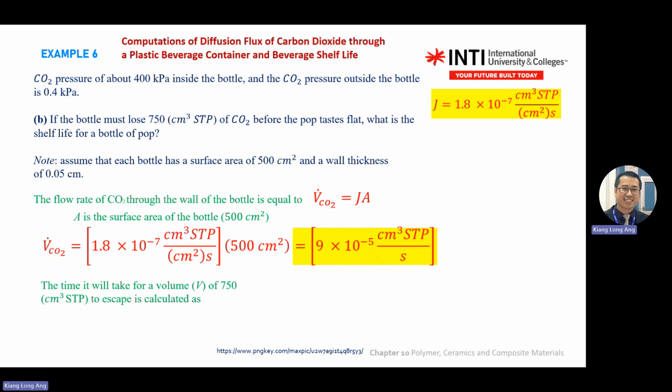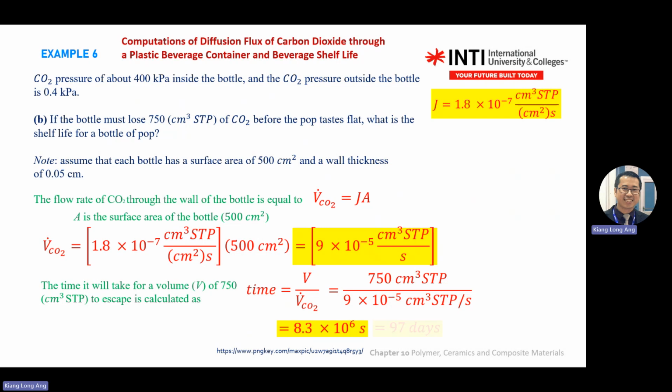So you have a bottle of 750 cm cube of CO2. How long will it take? You take this divided by this one to get the time in seconds, then convert to days. So it can store for 97 days, about 3 months.